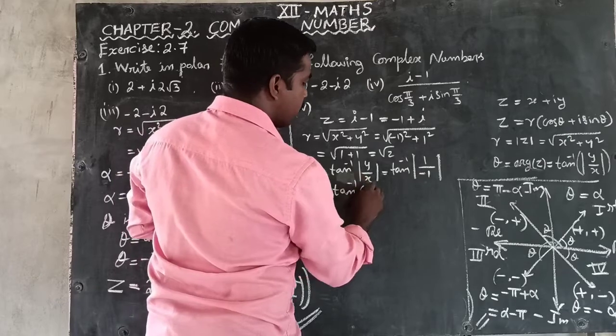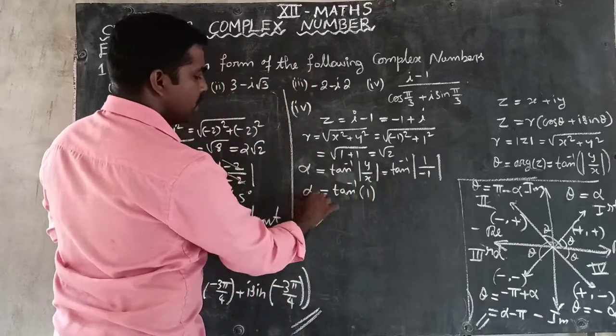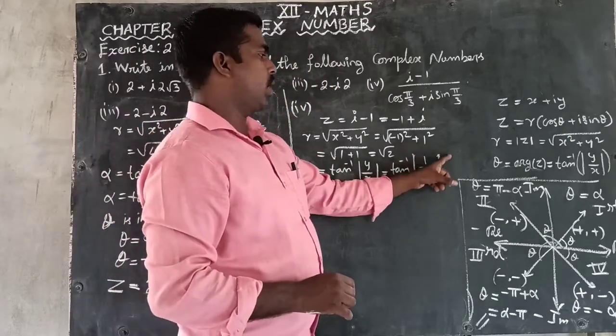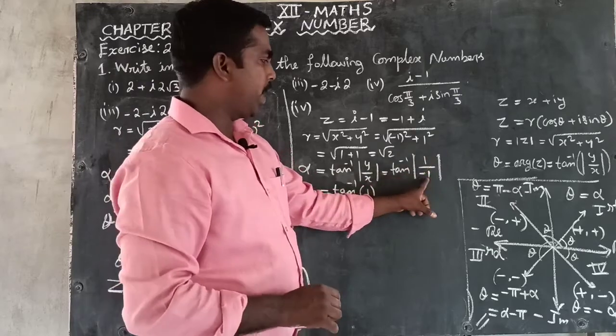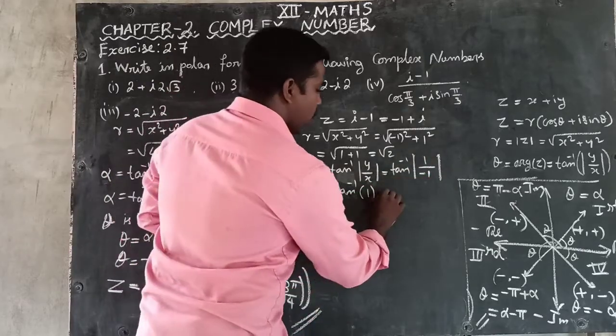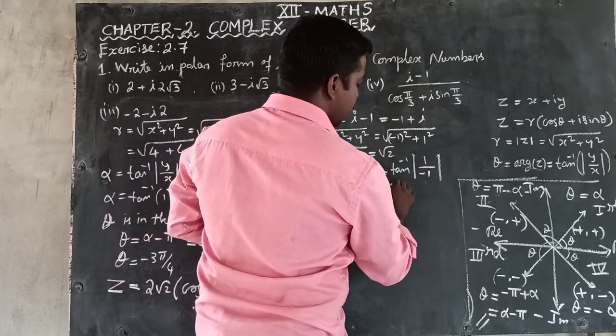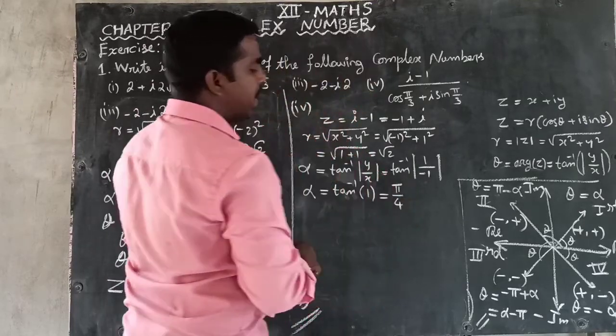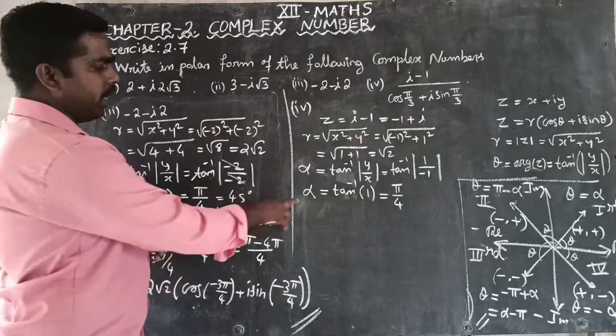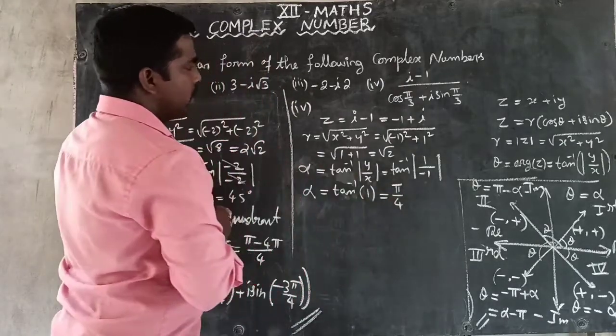So tan inverse of plus 1, because if you take the modulus, negative becomes positive. Tan inverse of 1 is 45 degrees, that we can write as pi by 4. The value of alpha is pi by 4.